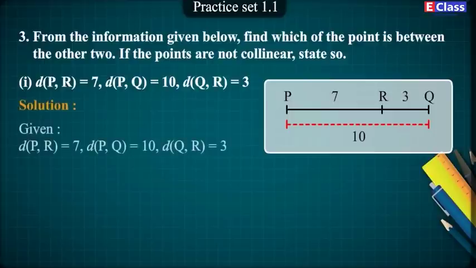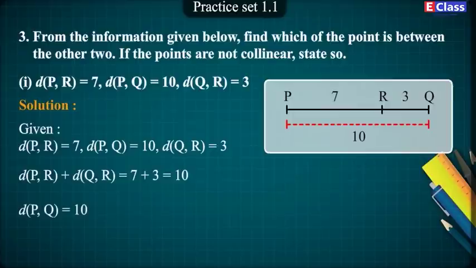Solution: given distance of PR is equal to 7. Distance of PQ is equal to 10. Distance of QR is equal to 3. Distance of PR plus distance of QR is equal to 7 plus 3, which is equal to 10.